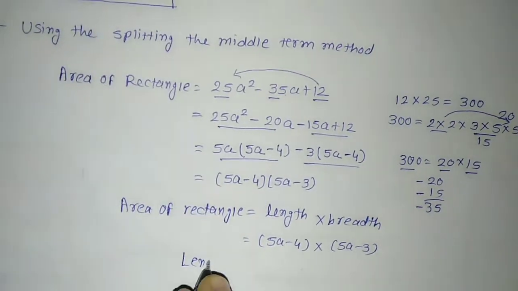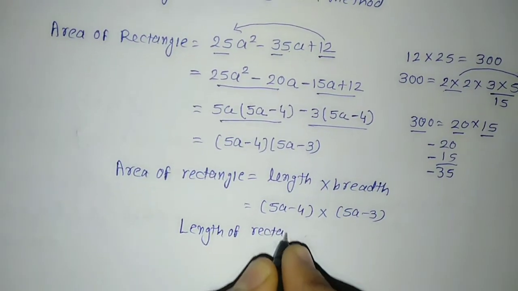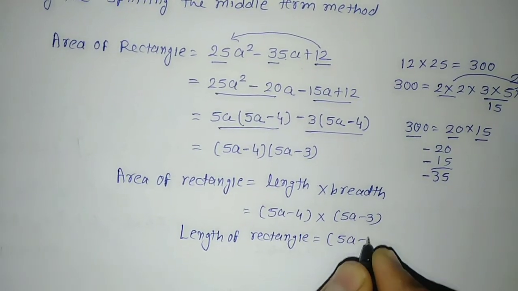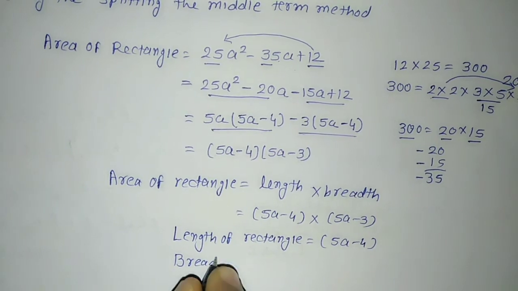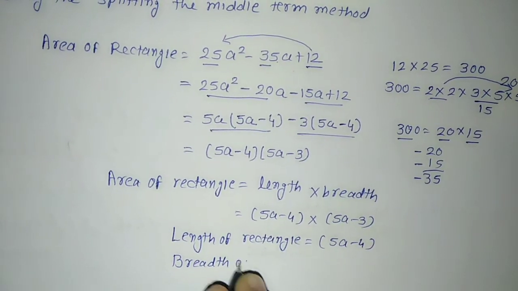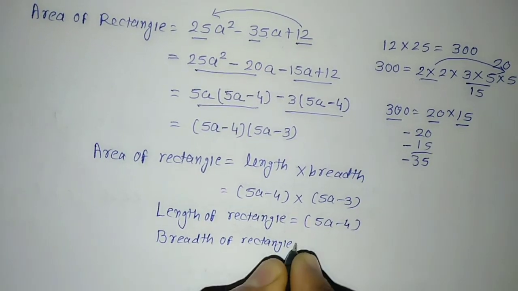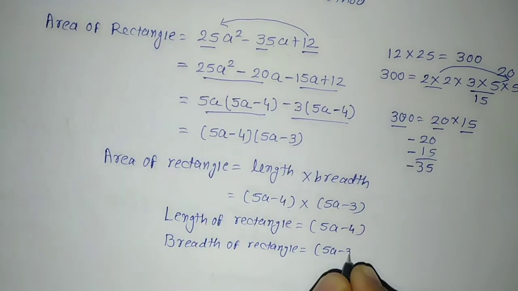The length of the rectangle is equal to 5a minus 4 and the breadth of the rectangle is equal to 5a minus 3.